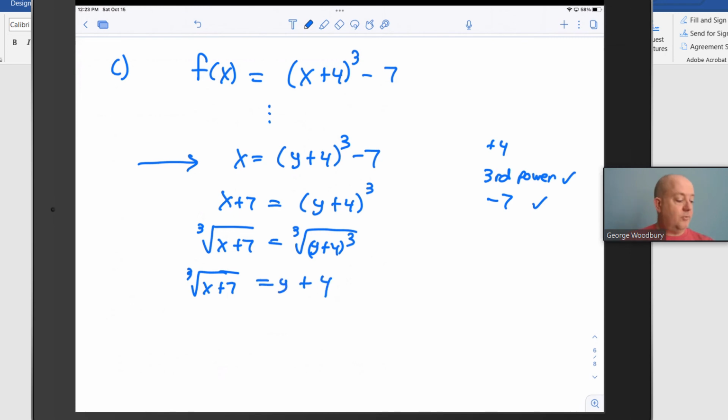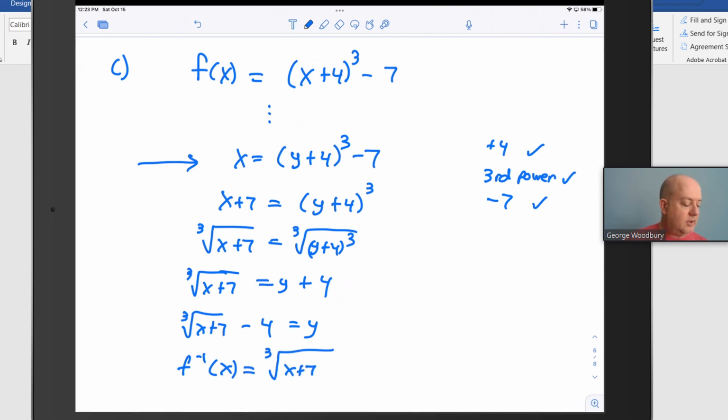Now we can get rid of the plus 4 by subtracting 4 from both sides, and we get the cube root of x plus 7, all minus 4 equals y. That is our inverse function. F inverse of x equals the cube root of x plus 7 minus 4.